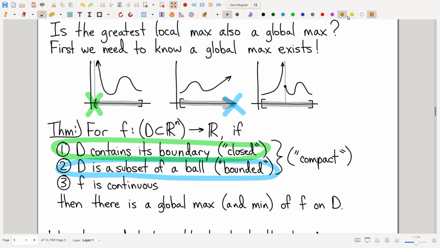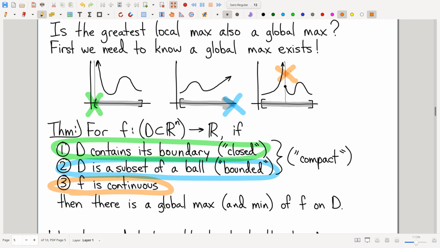Another possibility is that your function might fail to be continuous, as I see here. If your function fails to be continuous, you can have an asymptote right there in the middle of the domain. Nothing wrong with the domain at all there, but the function could just have an asymptote like this. Again, no maximizer.